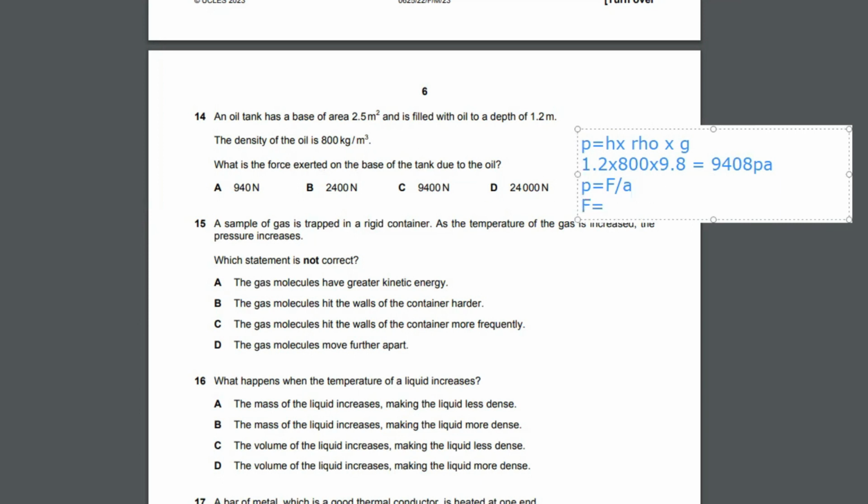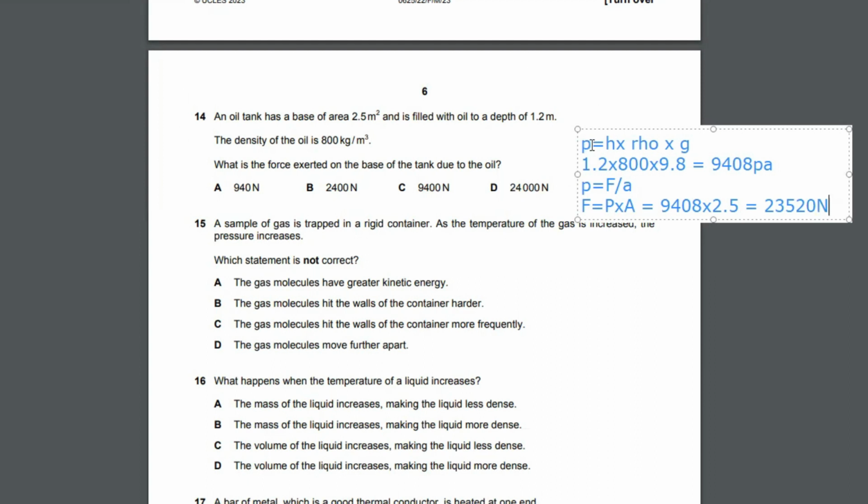Force will be equal to pressure into area, which will be equal to 9,408 into area, which is 2.5, which gives me 23,520. So this number is in newtons. This number is very close to 24,000. So the answer is D.